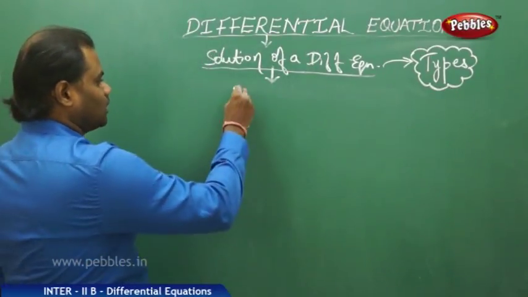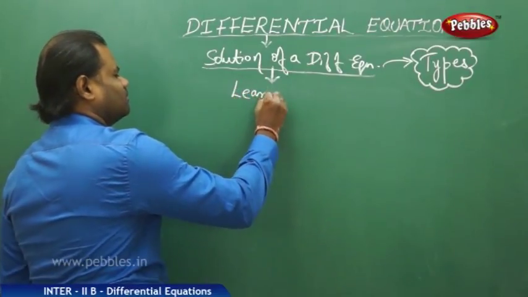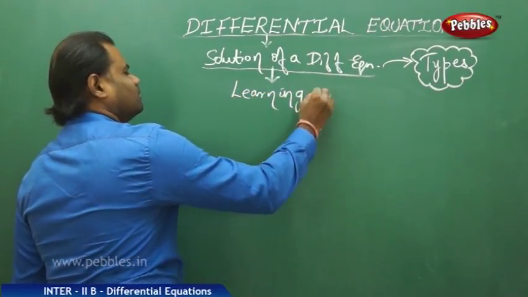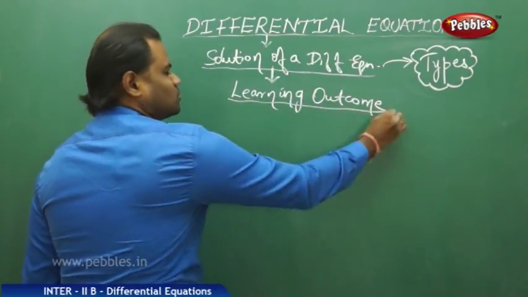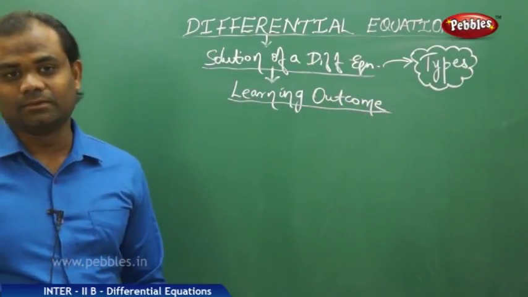So what is the learning outcome from the two types of solutions which we have seen?